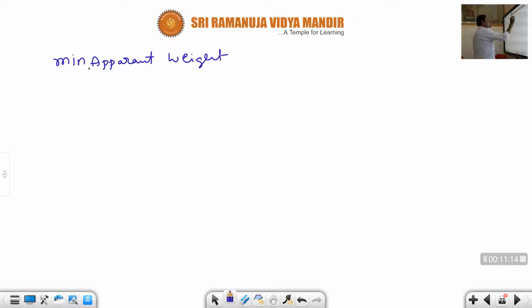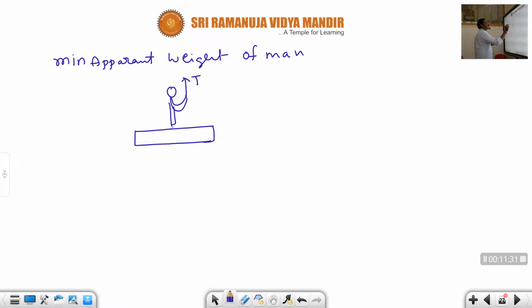To find the minimum apparent weight of the man, consider the block here, and the man standing here. T is the tension.